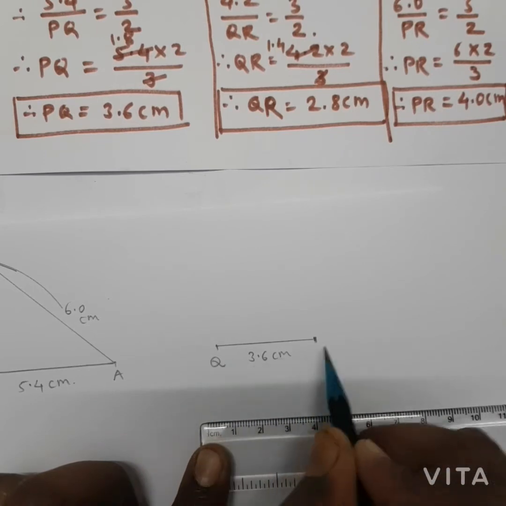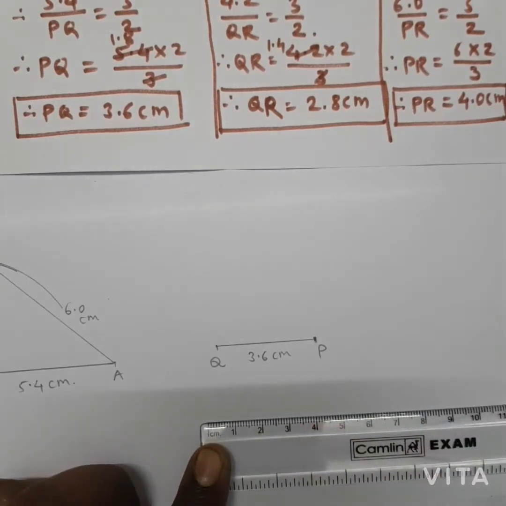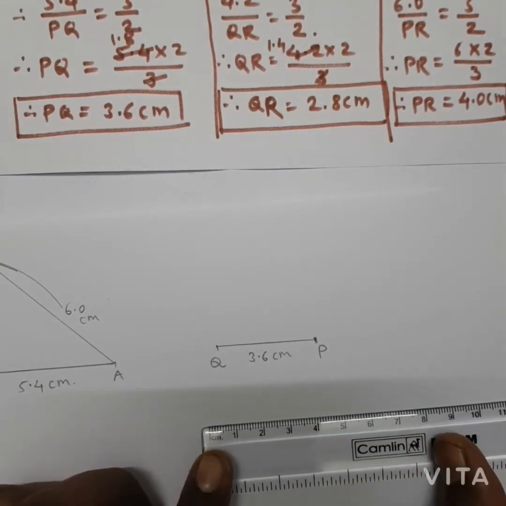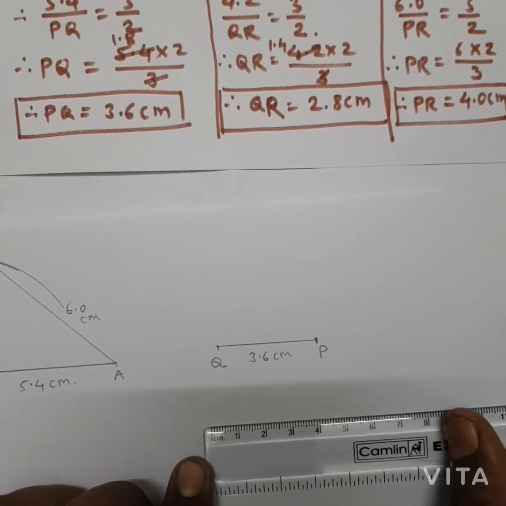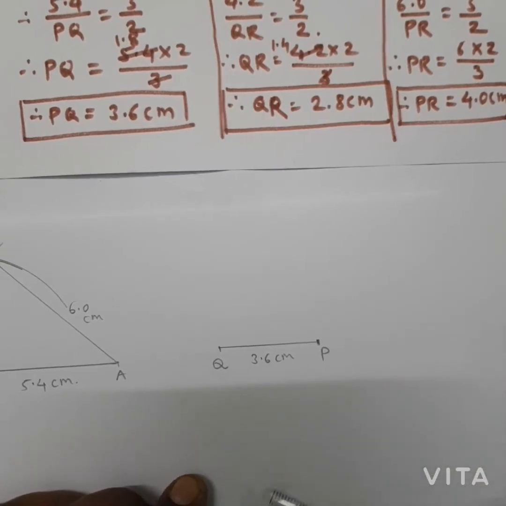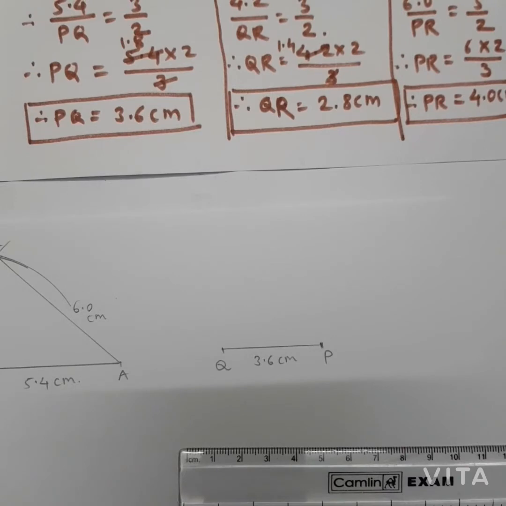Then the next side QR is 2.8 centimeter.